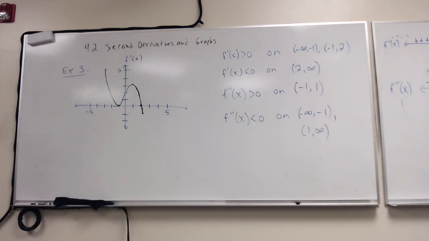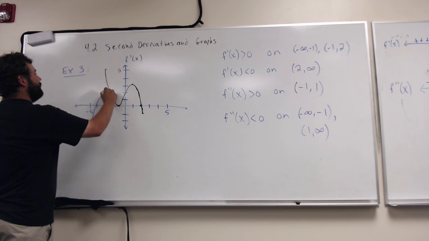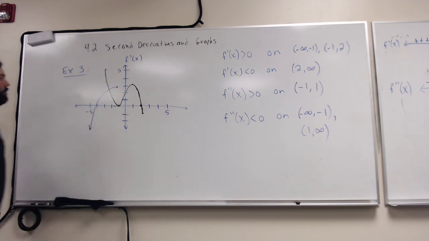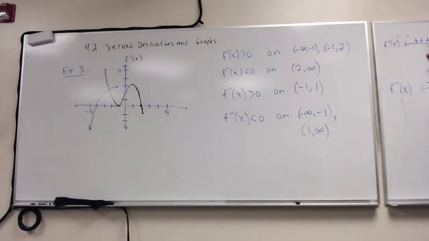Let me maybe use blue here. So maybe our function is increasing until I get right here at -1. That agrees with both sign charts, because the derivative's positive, so the function's increasing, but the second derivative's negative, which means it's concave down.